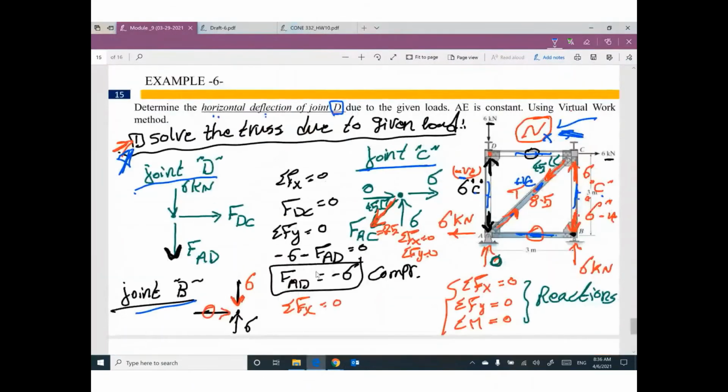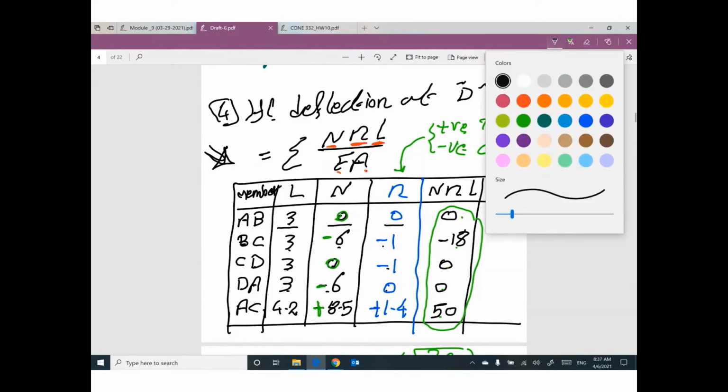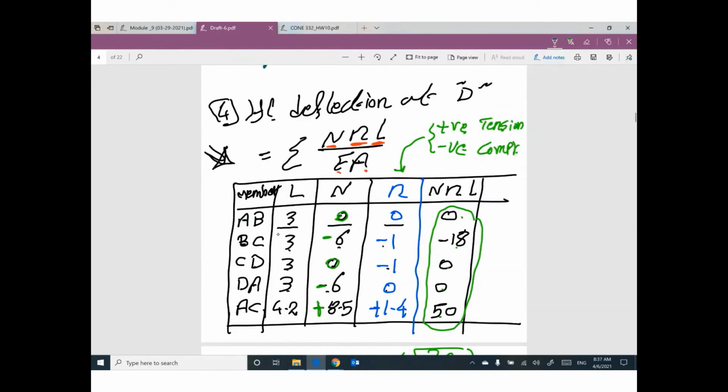For BC, in the table? Yeah. Thank you. Why is this one negative? So 3 times negative 6 times negative 1 is positive.